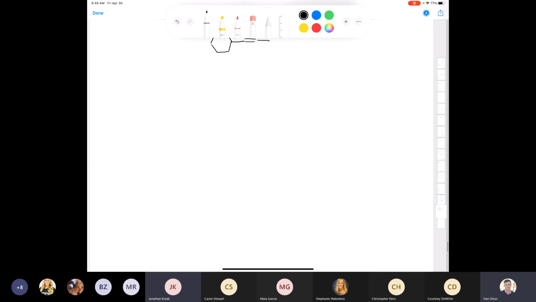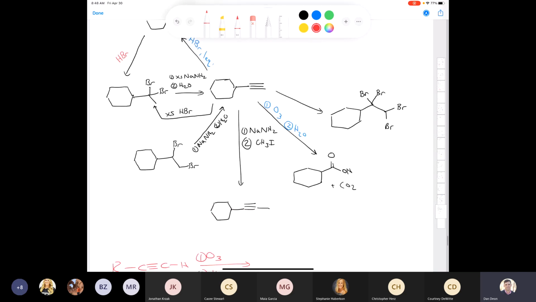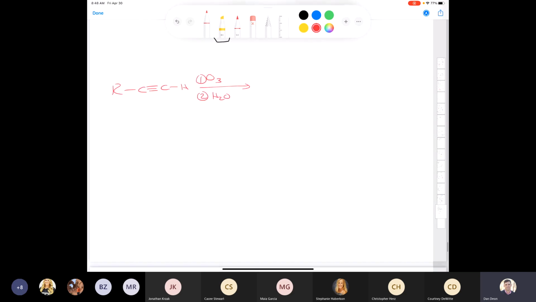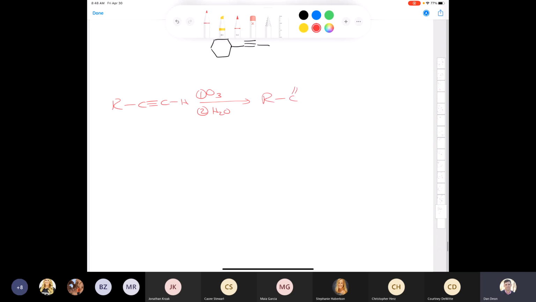So if you have a terminal alkyne, when you treat this with ozone in the first step, followed by water, and that's what this is. This is a terminal alkyne because we have a proton here. When you do that, you end up with the carboxylic acid, right? That came from this R over here, or that side of the molecule, if you will.